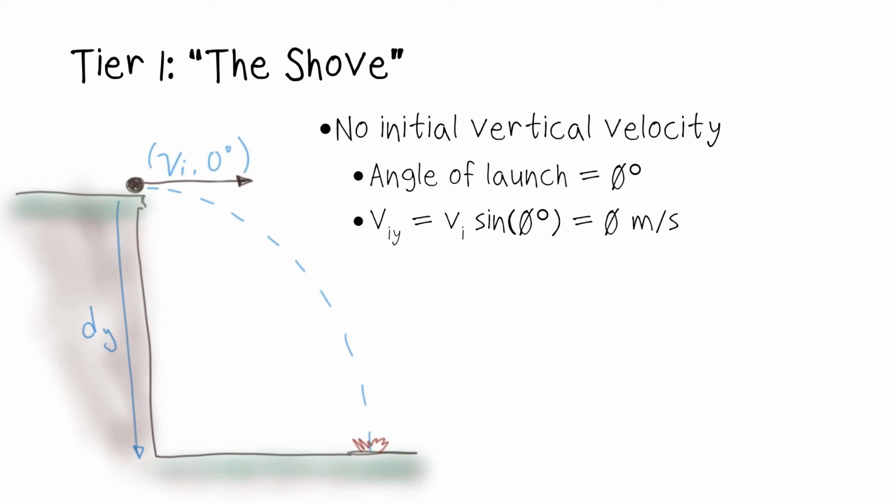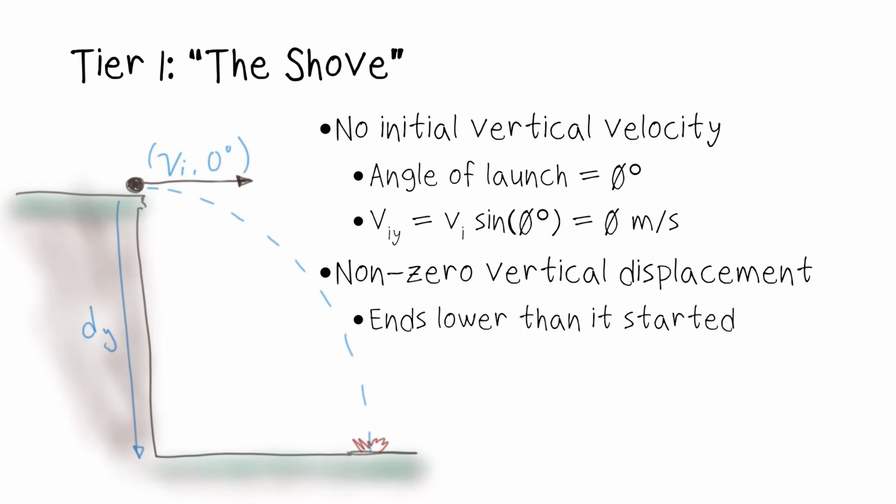If we try to break that up into x and y components using an angle of launch of 0 degrees, in solving for the y component, we're using the sine of the angle, and the sine of 0 is 0. So again, mathematically, it confirms the idea that there is no vertical velocity at the instant of launch.